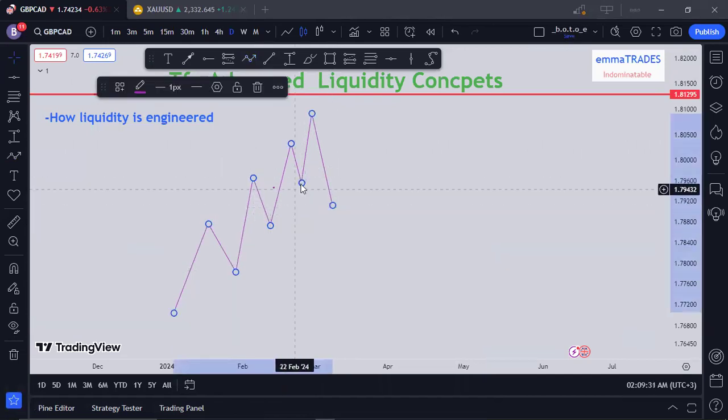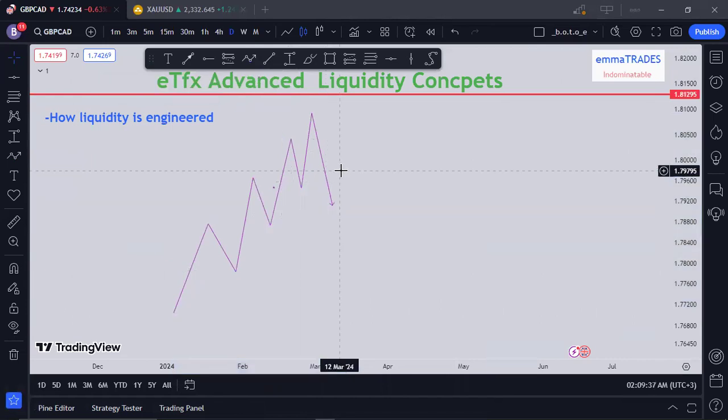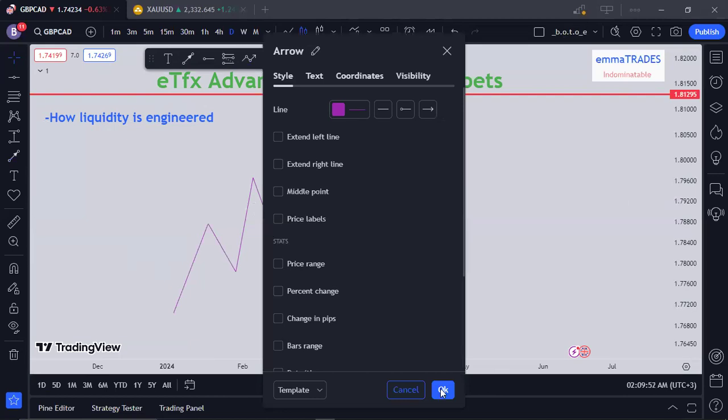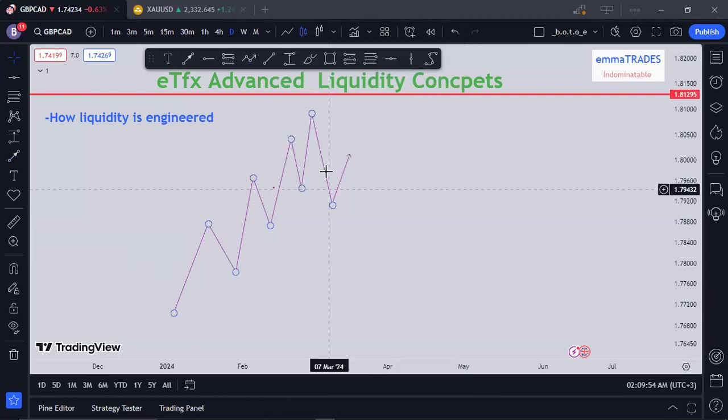Instead of forming a higher low, price tends to form a lower low somewhere around here. So when I have this, price has broken the characteristics it was following, and I expect that price is now going to move to the downside. Some people may call this a change of character, but personally, I call this liquidity engineering.